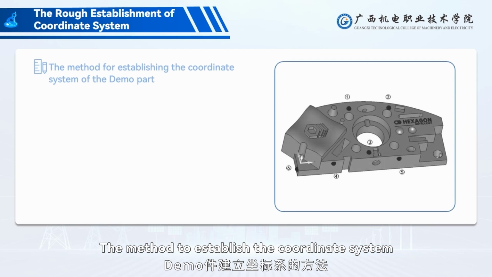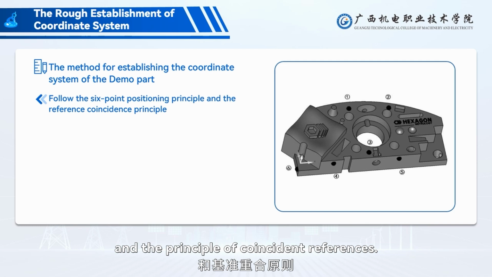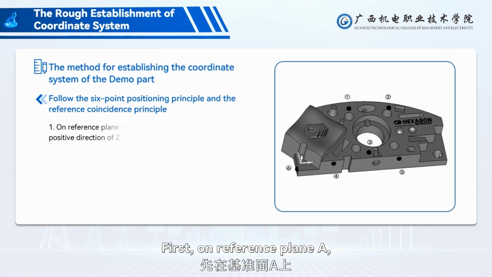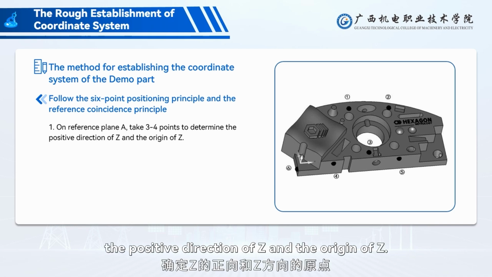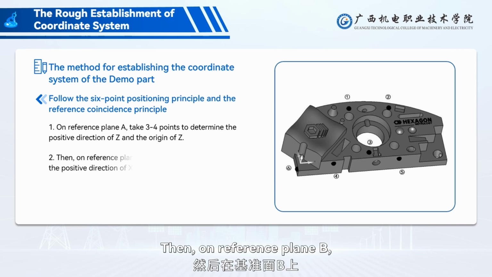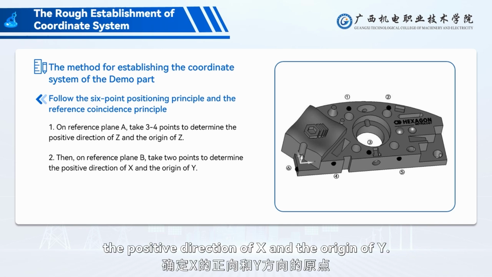The method to establish the coordinate system for the demo part follows the 3-2-1 method and the principle of coincident references. First, on reference plane A, take 3 to 4 points to determine the positive direction of z and the origin of z. Then, on reference plane B, take 2 points to determine the positive direction of x and the origin of y.